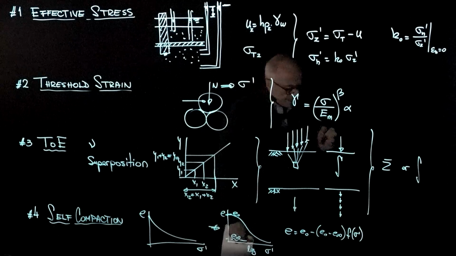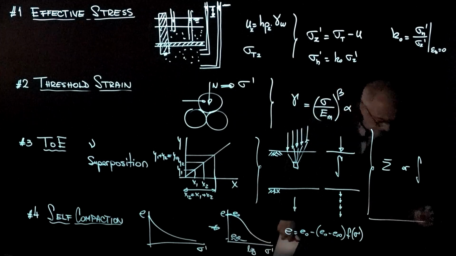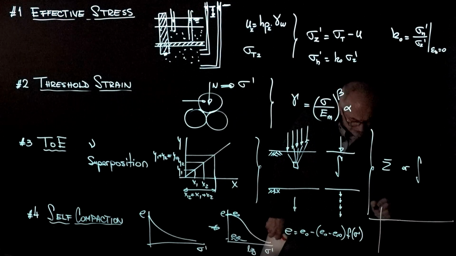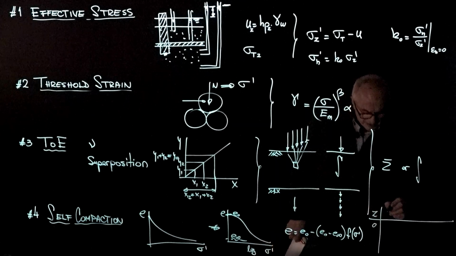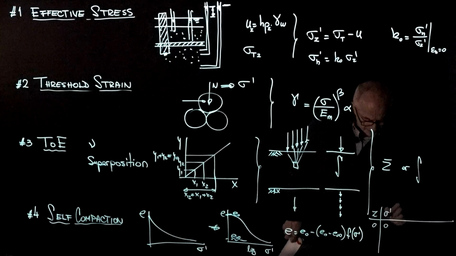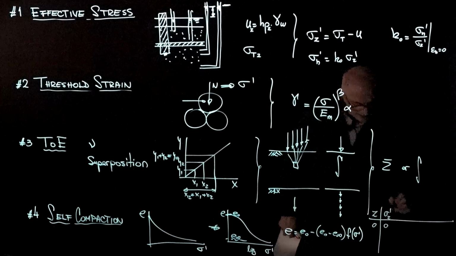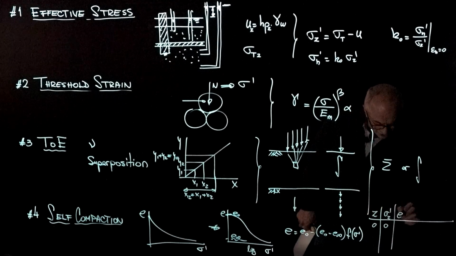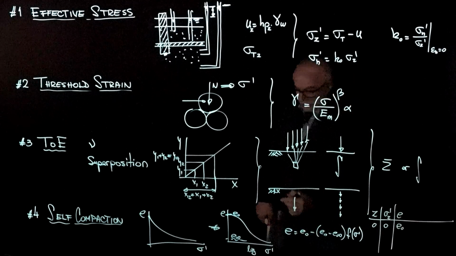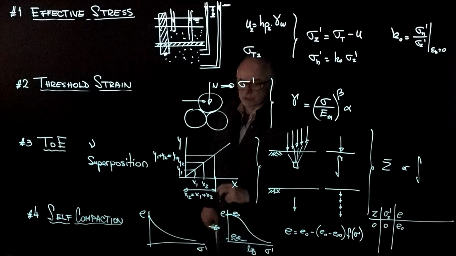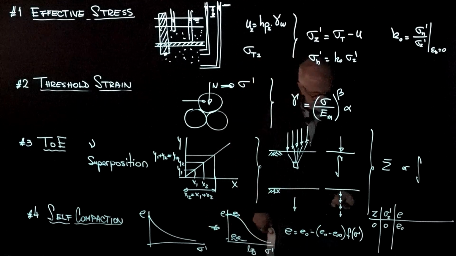And so you can do this in a simple spreadsheet. You start with depth, starting at depth 0. The effective stress is 0 in the z direction, and the void ratio is the asymptotic void ratio at zero effective stress for your material.